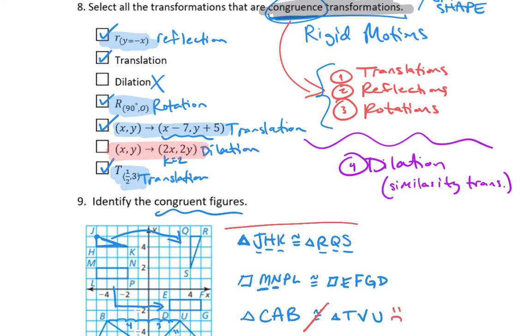So the two congruent ones would be these guys, and then this one would not be congruent. Honestly, you could tell just by looking at it. This had a base of 1, 2, 3, 4. Well, they both had a base of 4. This one went up 1 and over, up 2 and over 1 to get to B. And this went up 2 and over 2. So if you looked at it closely, you could tell that they weren't congruent.